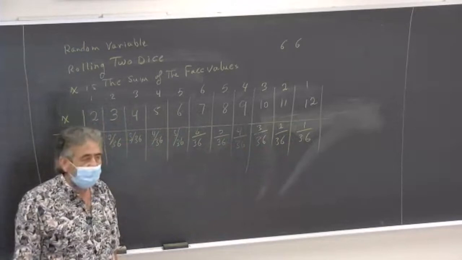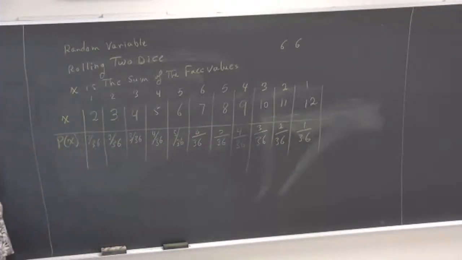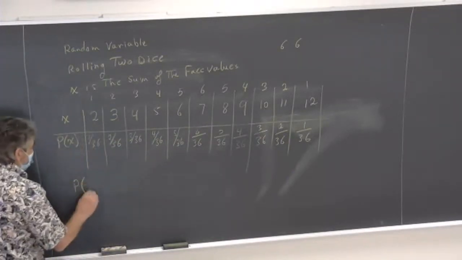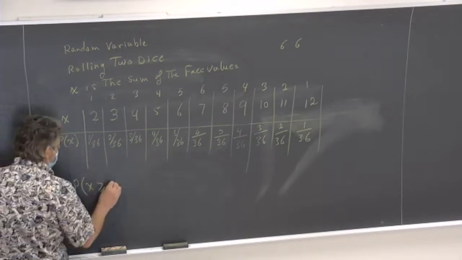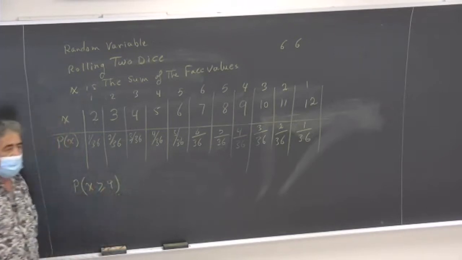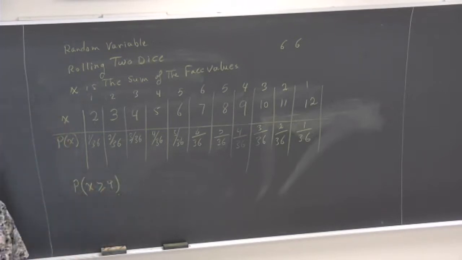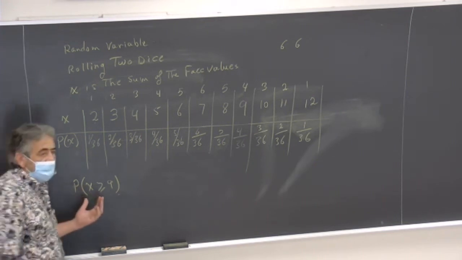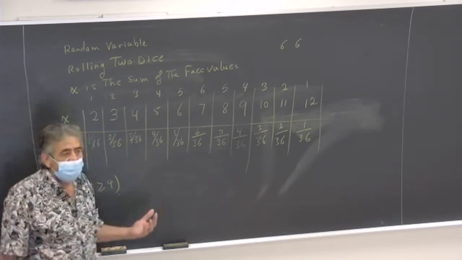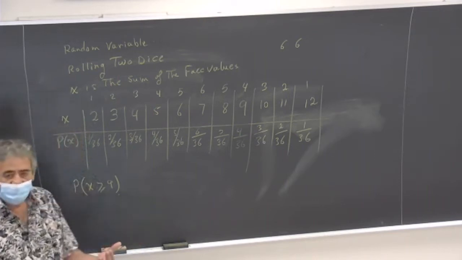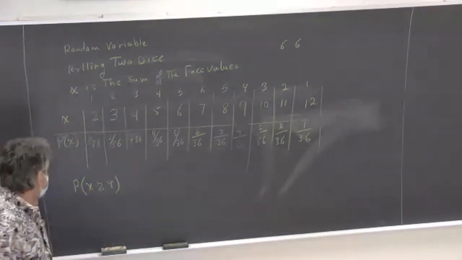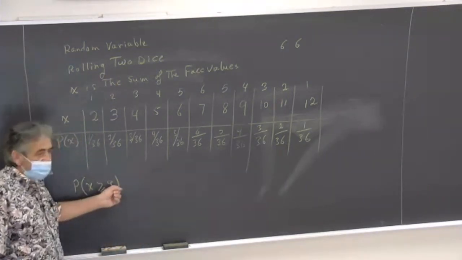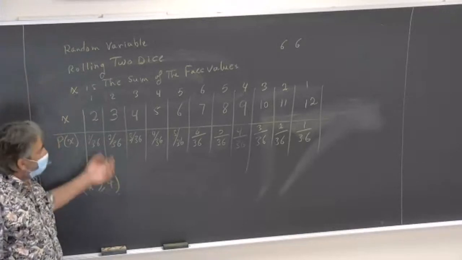Yeah? So now what can I do with this probability? Let's say we're looking at the probability x is greater than or equal to nine. What does that mean? Means the sum has to be greater than or equal to nine, right?